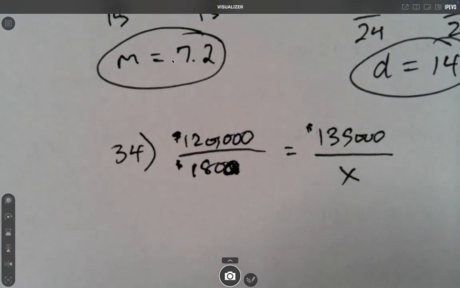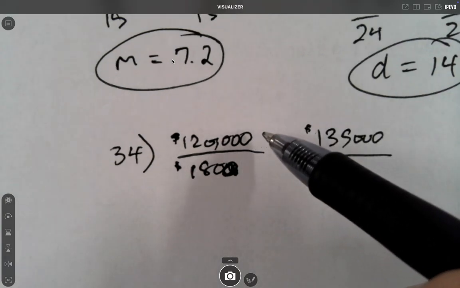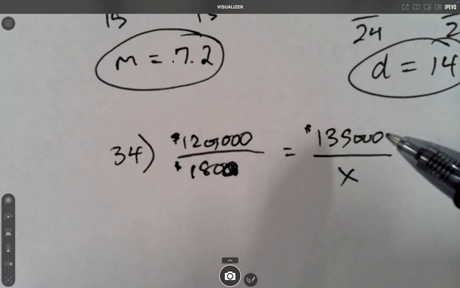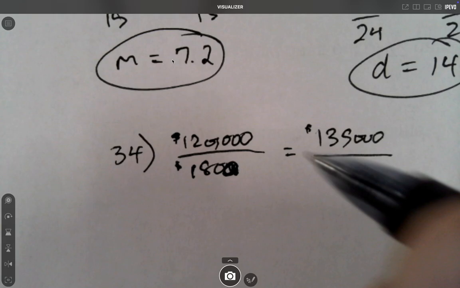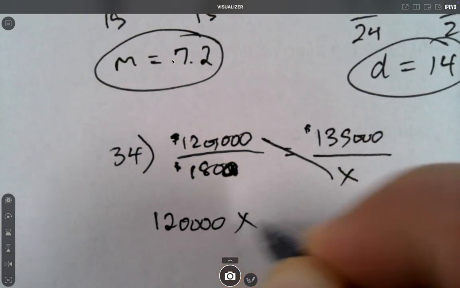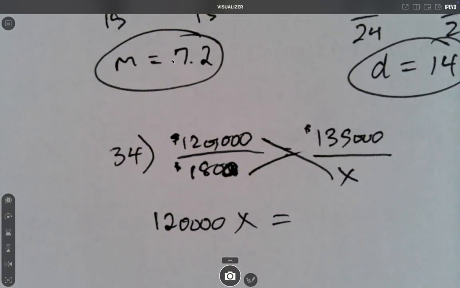So you do have to set this one up, but after that, it's the same as the first 4 problems we did in this section. So we associated the assessment or the value of the house to its taxes, the value of a different house to its taxes. So we cross multiply, we get 120,000 X, and we multiply 135,000 by 1,800.